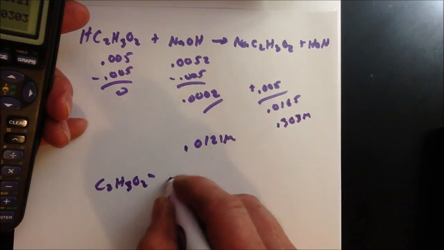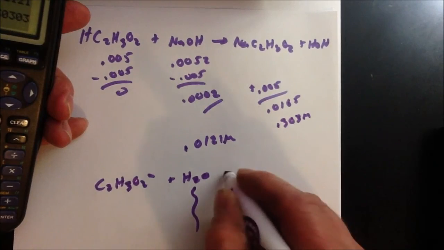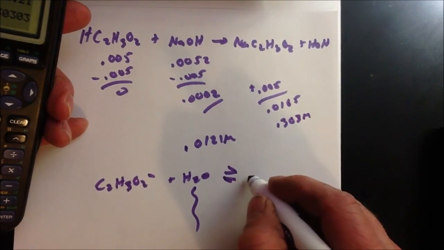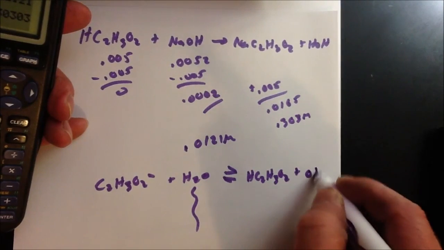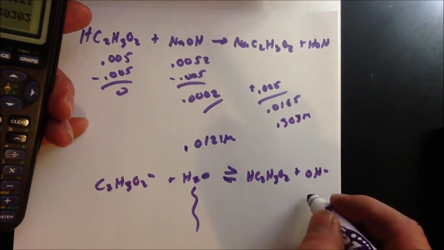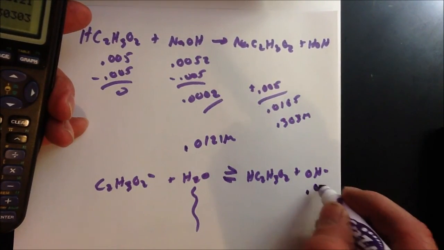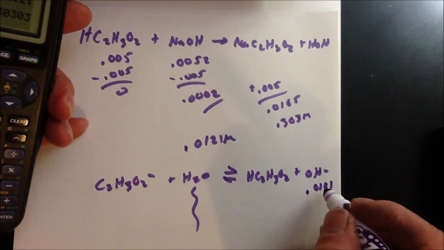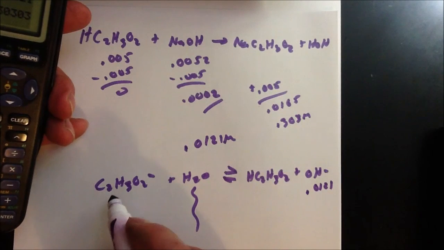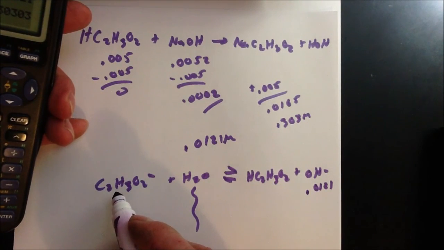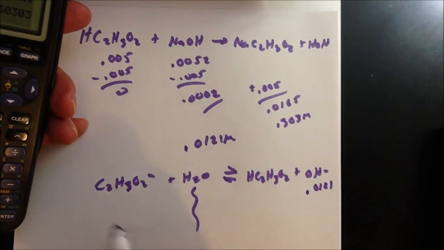C2H3O2 minus plus water at equilibrium with HC2H3O2 plus OH. However, we have an initial value here of OH, 0.0121. Le Chatelier's principle says by having that, this is going to ionize less. This already weak base with a Kb 5 times 10 to the negative 10 is going to ionize even less.